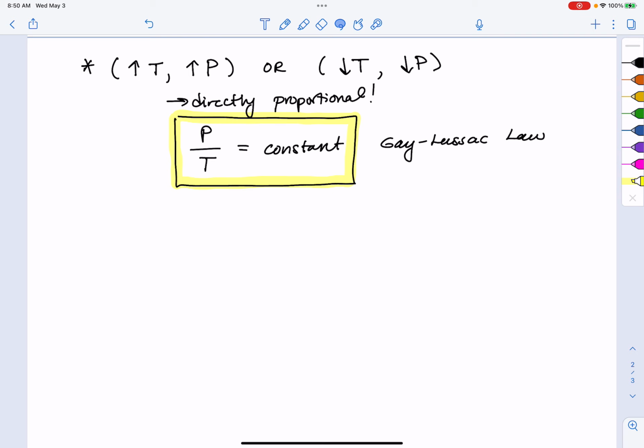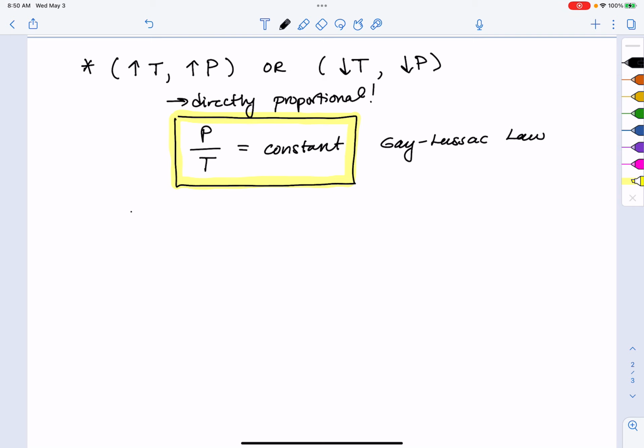All right, so that is pressure and temperature. And just like we did with Boyle's law, I want to show us the consequence of saying that this is equal to a constant. So yes, that's the mathematical structure of a direct proportionality.